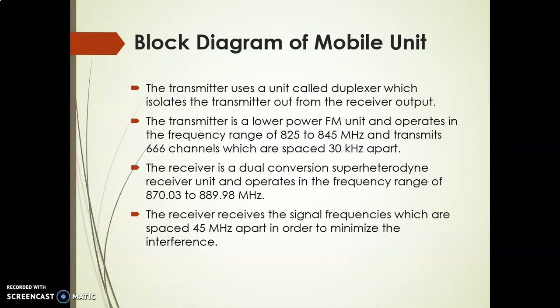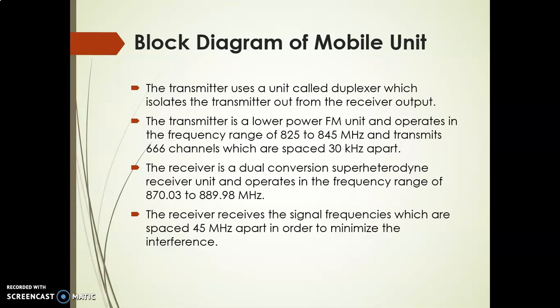The receiver is a dual conversion superheterodyne receiver unit and operates in a frequency range of 870.03 to 889.98 megahertz. The receiver receives the signal frequencies which are spaced 45 megahertz apart in order to minimize the interference.